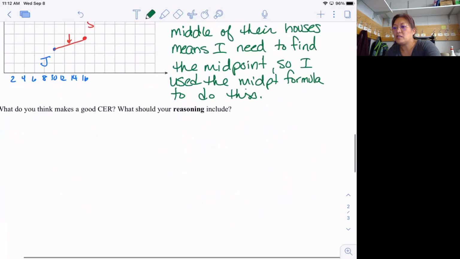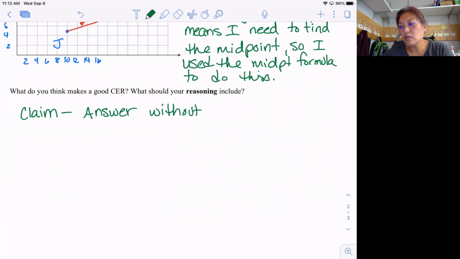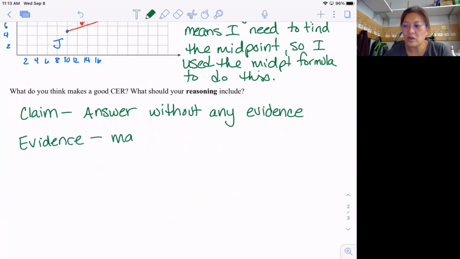All right, last but not least, what do you think makes a good CER? So my other class, we identified claim. Okay, claim was your answer without any evidence. It's just the answer. Okay, your evidence in the case of a math problem, this is going to be your math work.